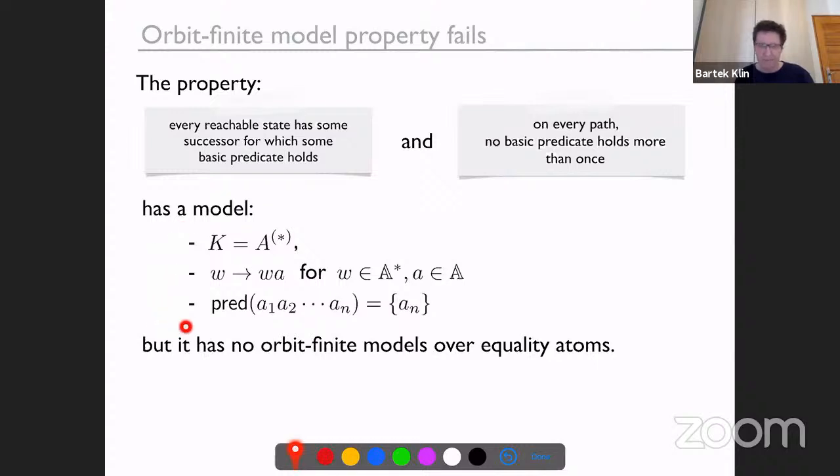This has a model where the set of states is the set of words built of atoms, but not all words, just pairwise distinct words. This is an equivariant set. That's fine. It's not orbit finite, but it's equivariant. And then if we restrict to these words, then this model actually satisfies this property, and also this one, as it turns out. But it has no orbit finite models. It's not very hard to prove. So this is one kind of a property that fails.